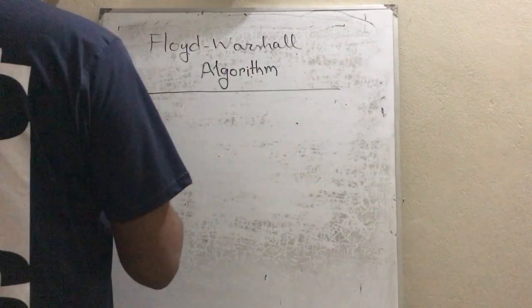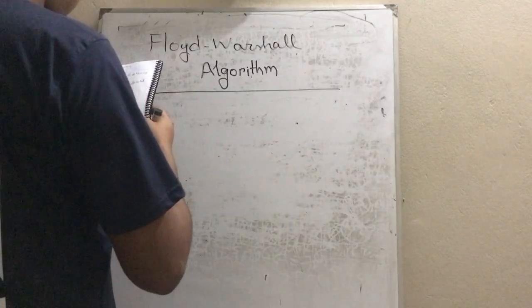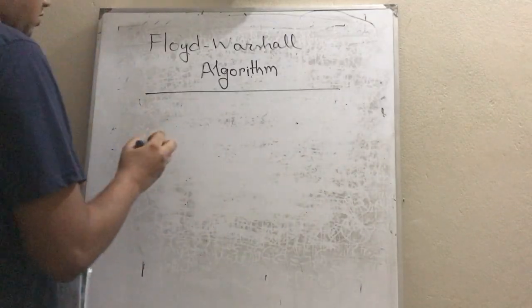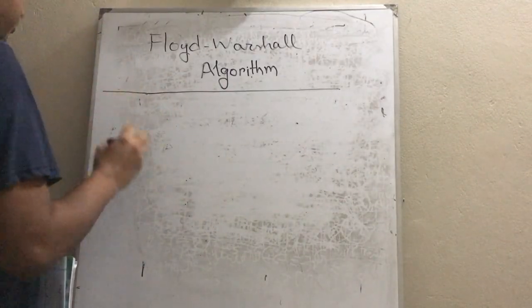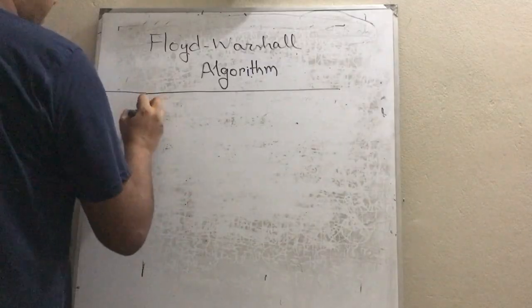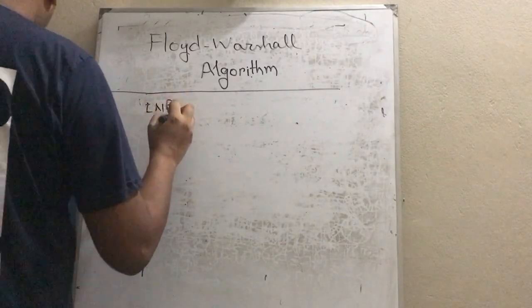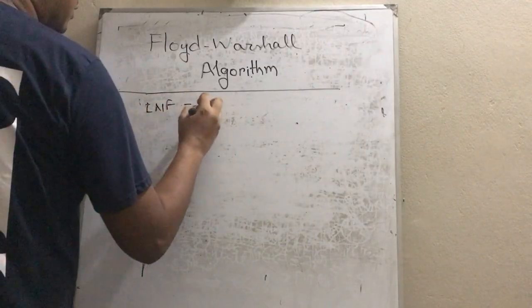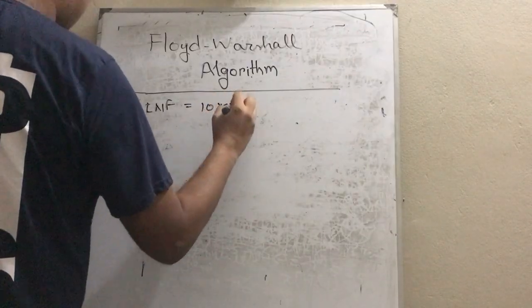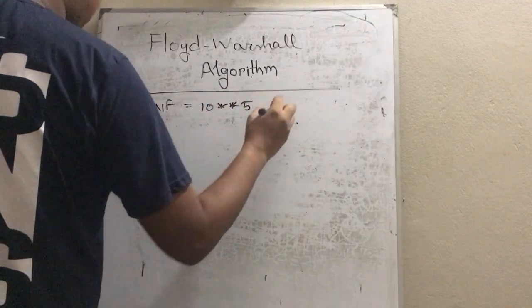So what is the algorithm actually? Let's write some code. Let infinity equal 10 to the power 5. We use Python.